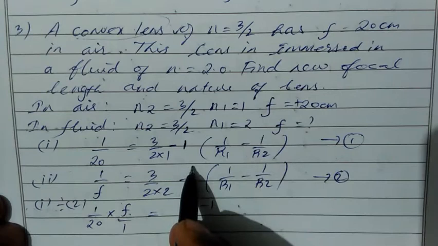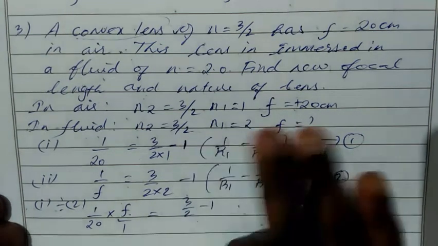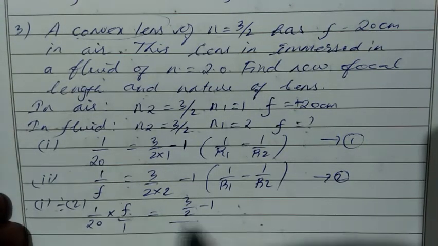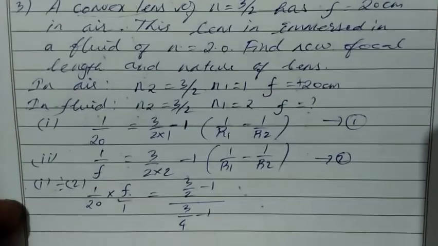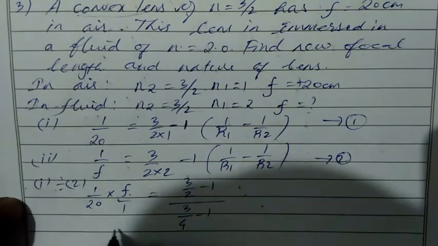So this (1 by R1 minus 1 by R2) divided by (1 by R1 minus 1 by R2) gets cancelled, correct? So we leave that, divided by 3 by 4 minus 1. Here we have 1, so we leave that.